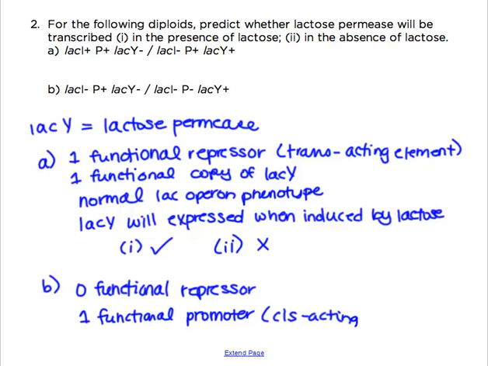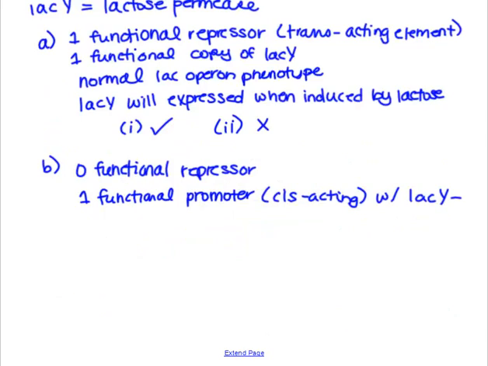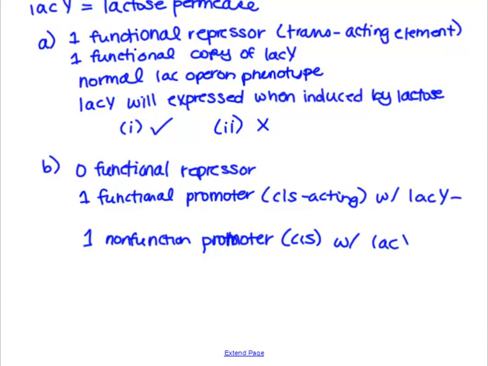So this functional promoter is on the same copy of the operon with a non-functional lacY, so this is with lacY minus. And then you have one non-functional promoter, which again is cis. And this is with a normal copy of lacY.